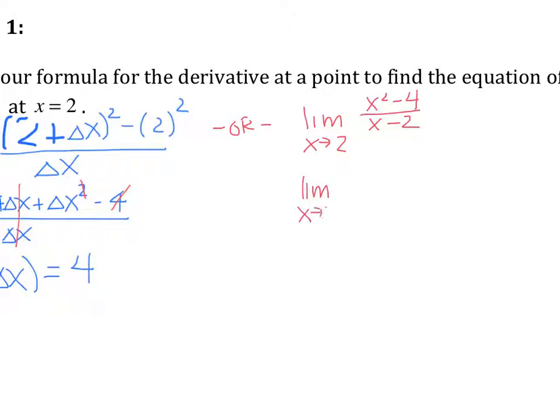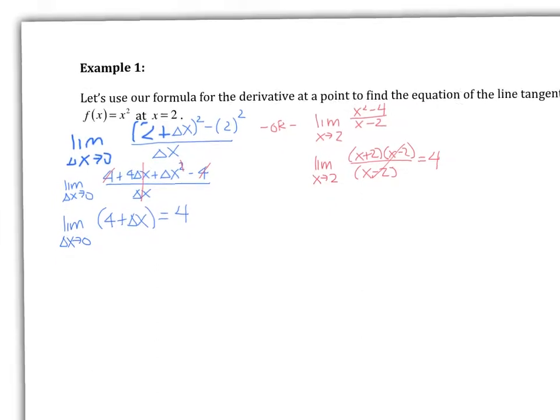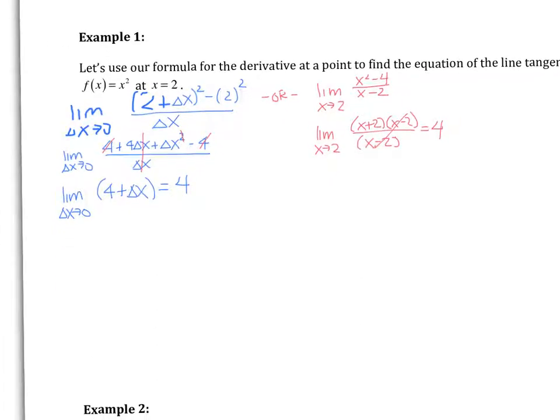We can factor: x plus 2, x minus 2. Conveniently, these cancel, so we end up with just the limit as x approaches 2 of x plus 2, and that is also 4. So either of the options will work, and it's really personal preference which one you prefer.